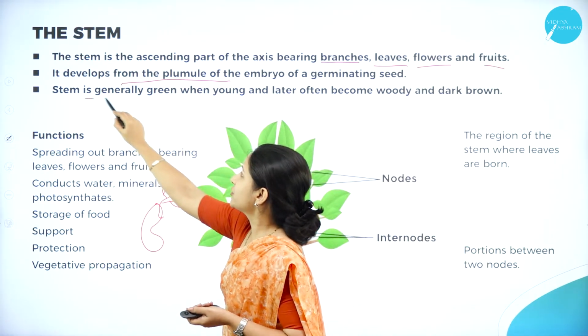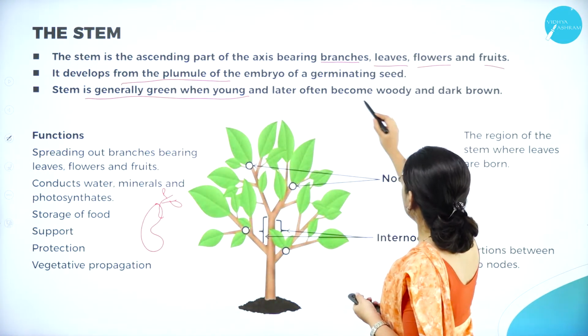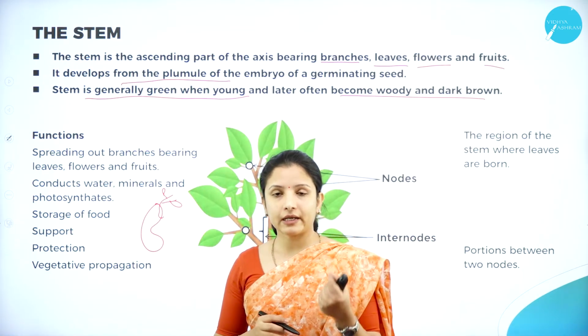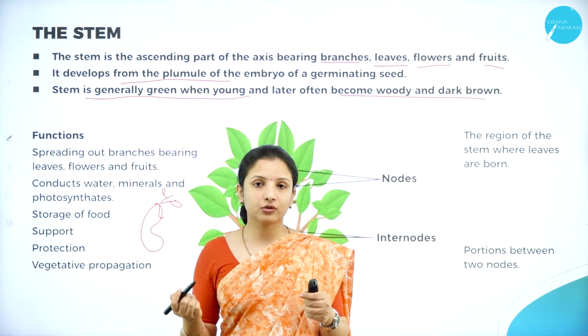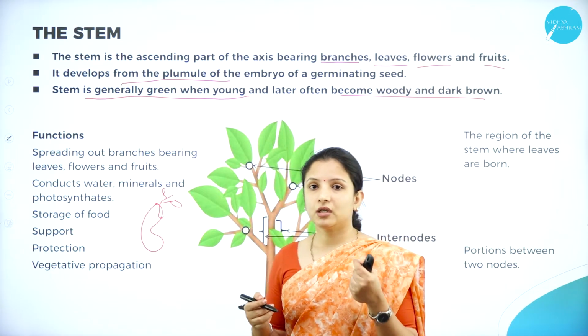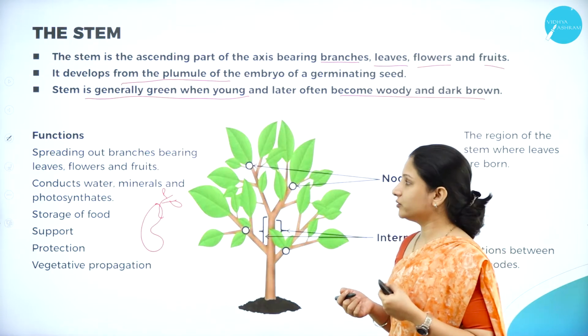The stem is usually green in color when young, but as it matures, it becomes woody and dark brown in color. The tender or young stems are green, but once they grow and mature, they become very hard and dark brown.